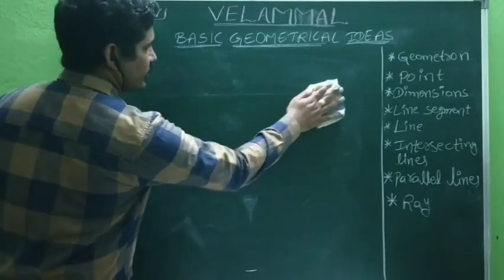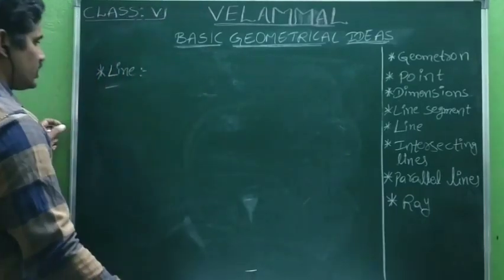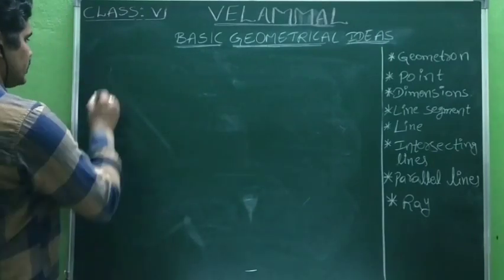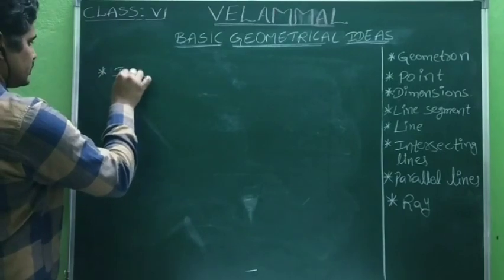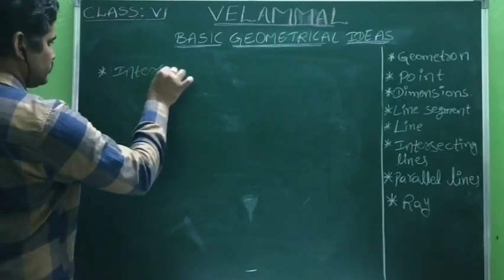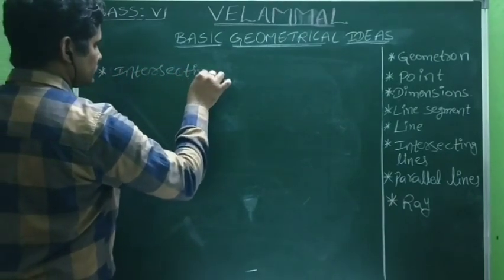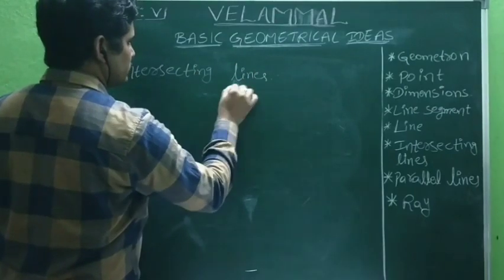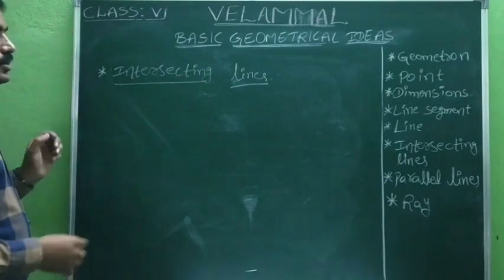Next is the very important one, intersecting lines. Now we saw the line, and now we are discussing intersecting lines.